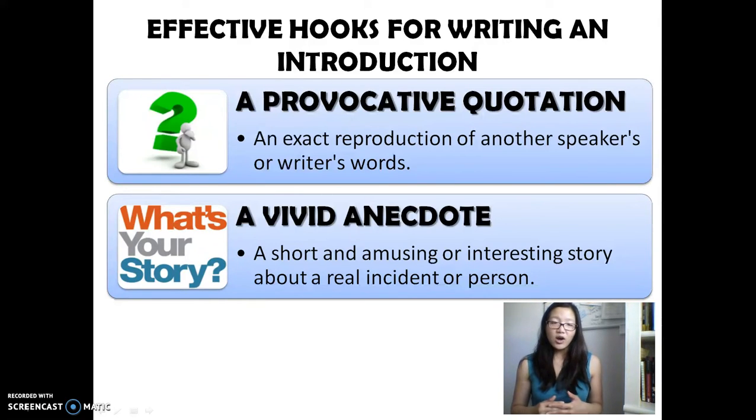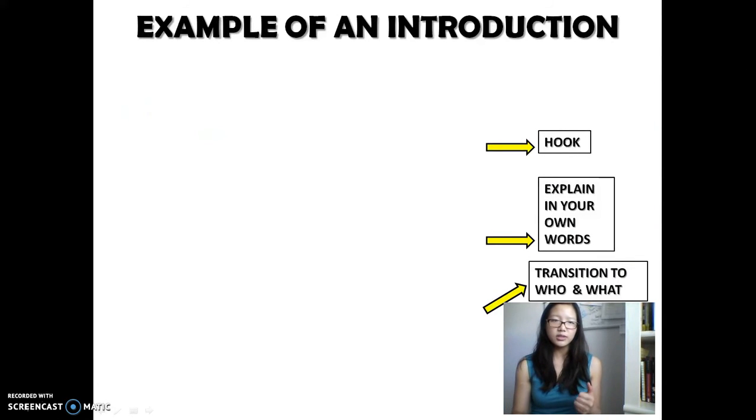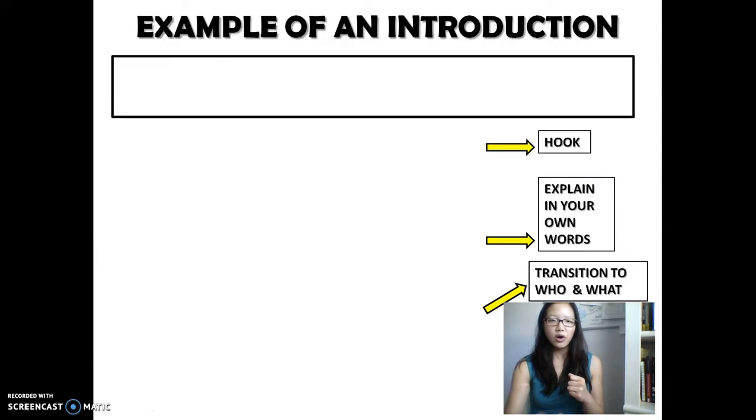Okay, so now I've provided a lot of information about the different strategies to use, as well as different strategies that we shouldn't exactly use in an essay. How exactly are we going to employ this in our writing? Let's take a look. An example of an introduction should fulfill these three elements, and here they are.